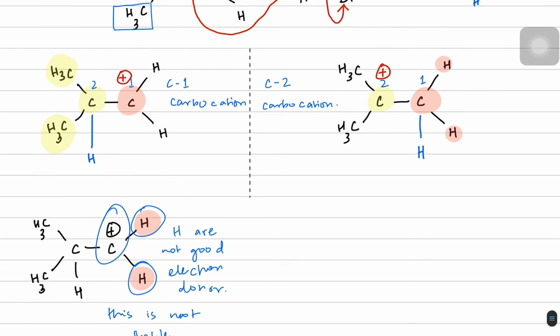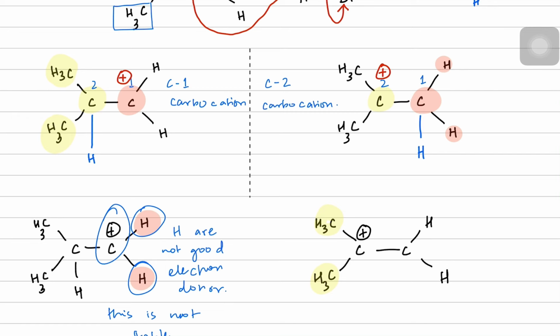But when you notice on the right side, when carbon 2 gets a positive charge to make a carbocation, there are two methyl groups. These methyl groups have their own hydrogens and one carbon atom each.